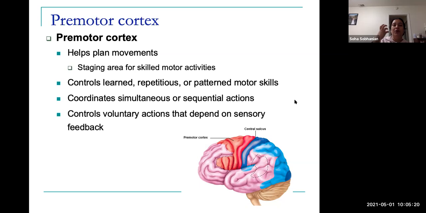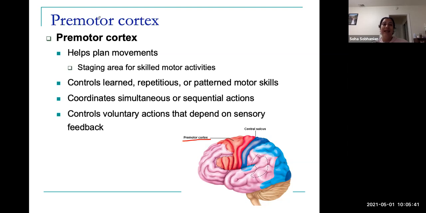All of those actions that I'm talking about, which you don't consciously think about, are associated with the part of your brain called the premotor cortex, which is right here in front of the primary motor cortex.